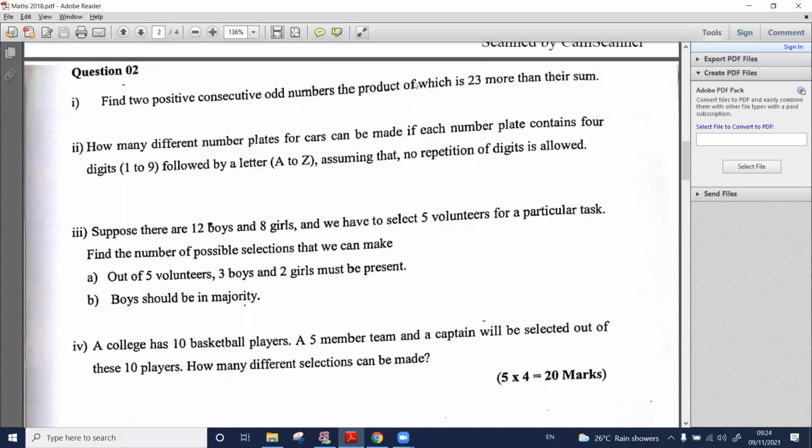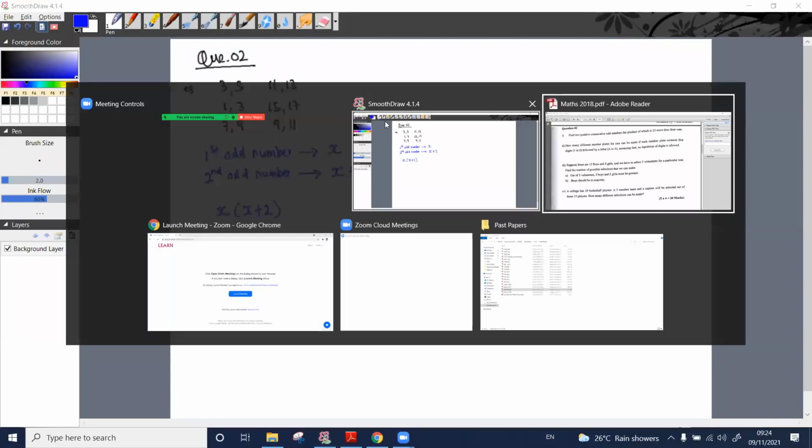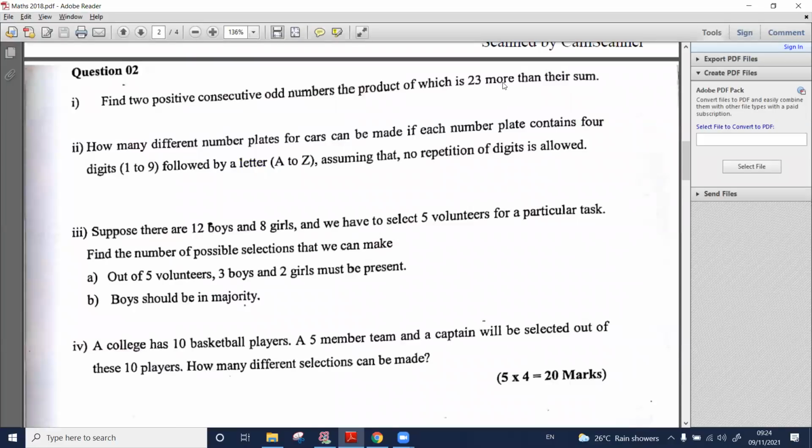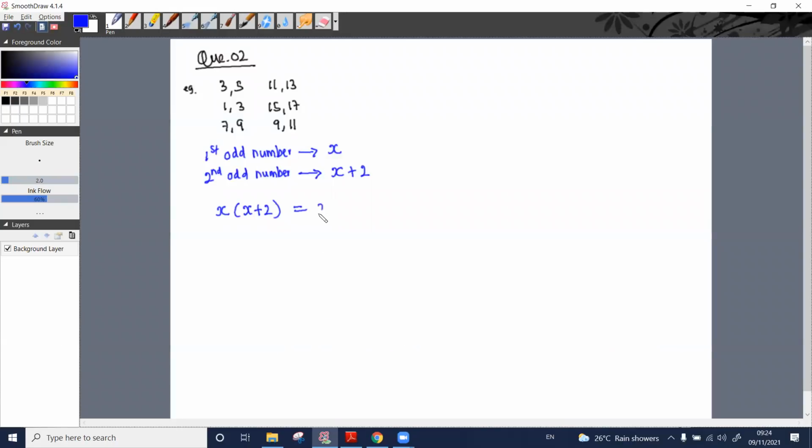The product of which means x into x plus 2, the product of these two. The product is equal to their sum, x plus x plus 2, with another 23 added. This is the information that they have given: the product of which is 23 more than their sum.